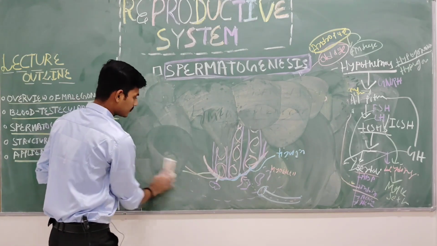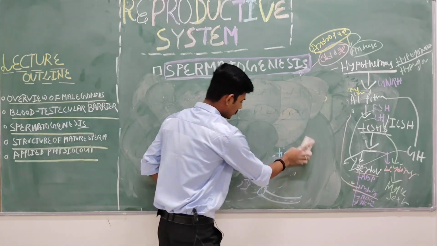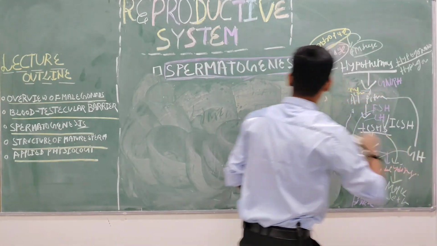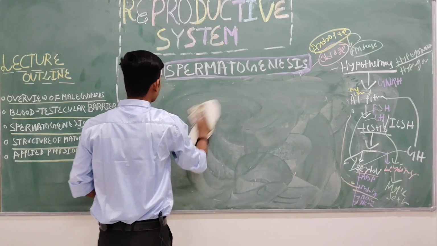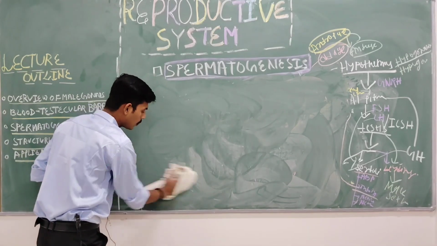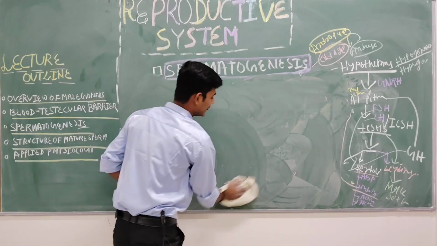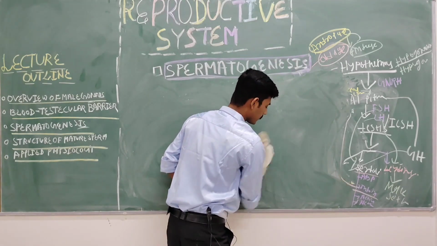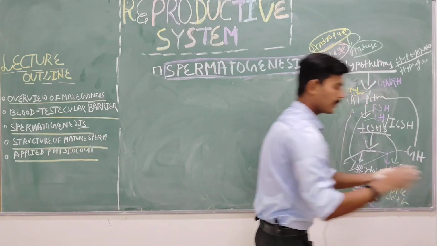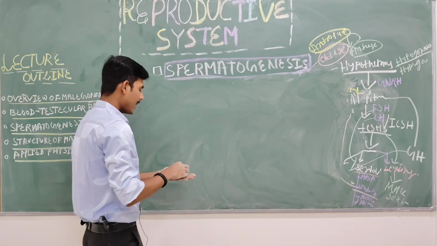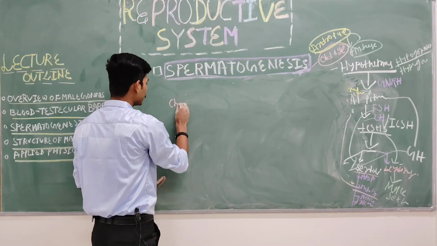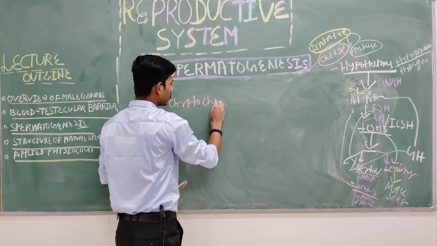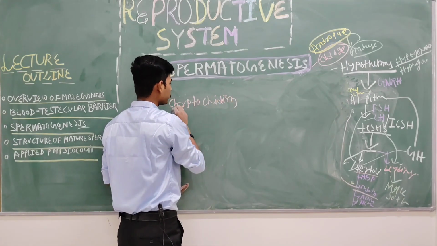So the first aspect, which I already discussed with all of you, is cryptorchidism. I said that cryptorchidism is a condition where there is a failure of descent of the testes into the scrotum, and that condition is called cryptorchidism.